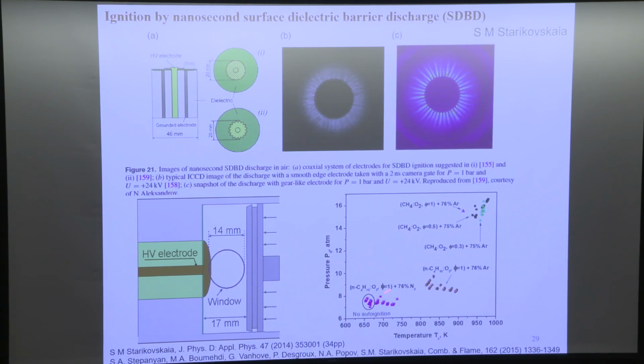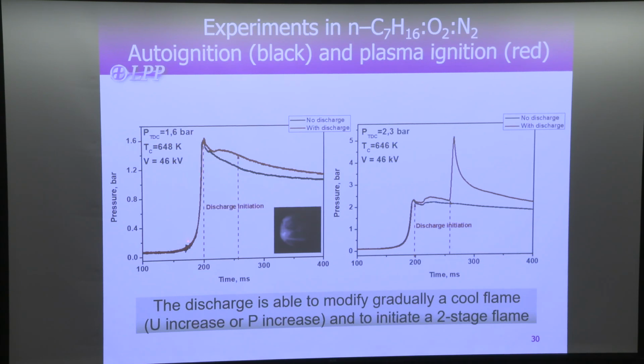It says that, okay, this is the pressure, and this is the temperature, with different mixtures. With the surface gliding arc, they can accelerate the combustion process extremely well. For example, you can see from here with no discharge, with discharge, and no discharge, with discharge.